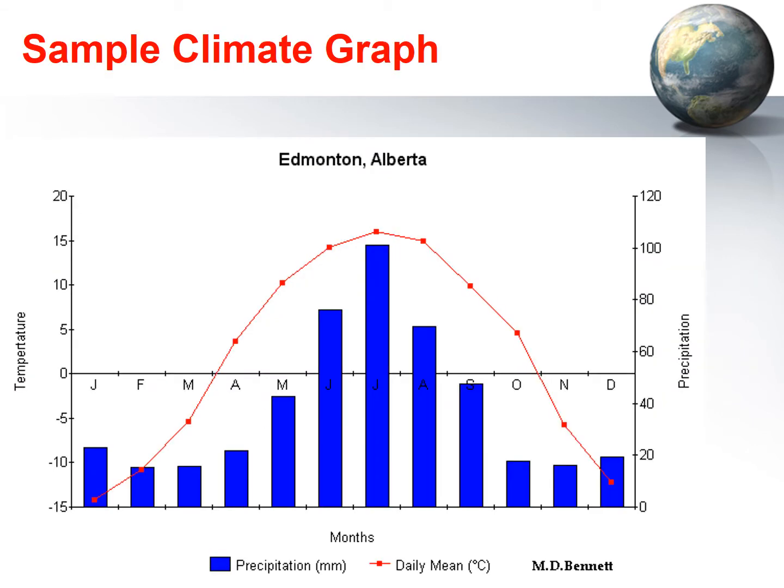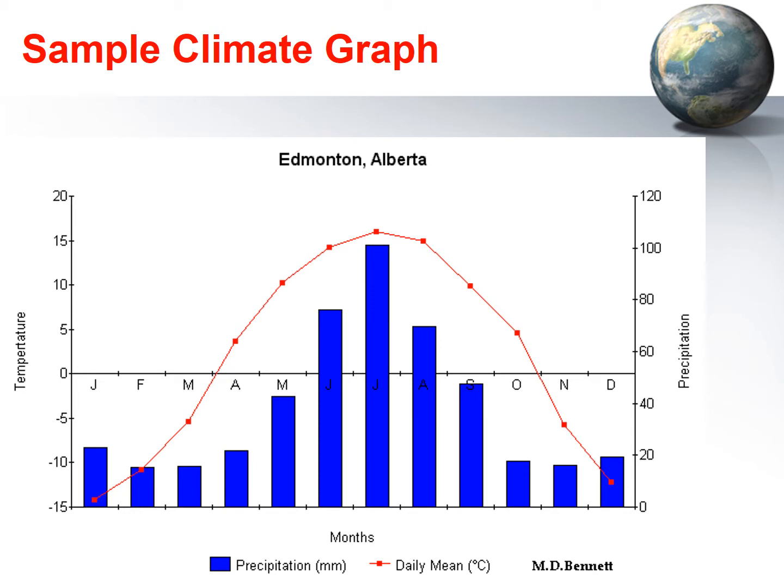Here is an example of a climate graph in the city of Edmonton, Alberta, Canada. As you can see, you have the two measurements, the precipitation in blue and the red for the temperature. Temperature is measured on the left-hand side in intervals of 5, and the precipitation is measured in 20 segments in millimeters on the right-hand side.